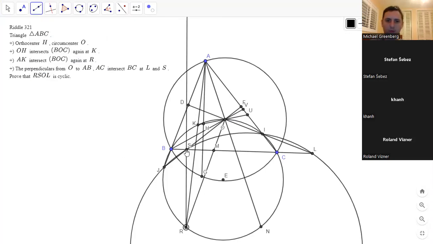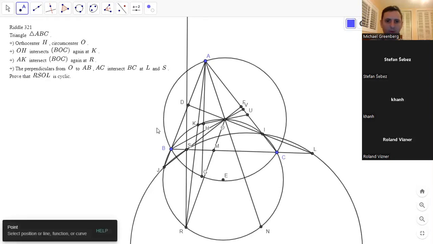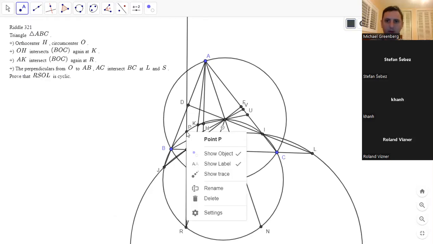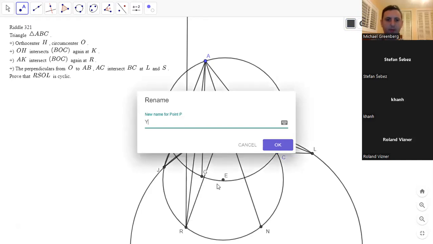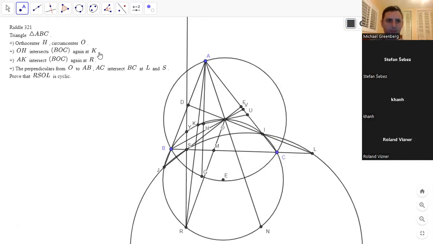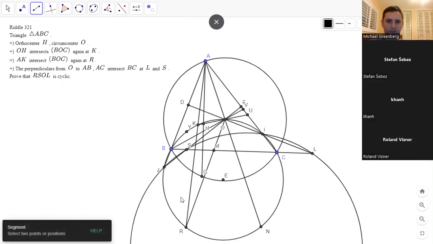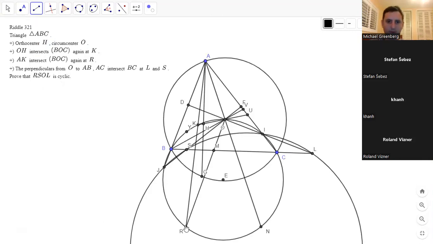So it suffices to show that IY is parallel to BC. Wait, really? Because IY has nothing to do with, does it have anything to do with the point? Oh yeah, it does. This R is defined based on K, which is defined based on H.